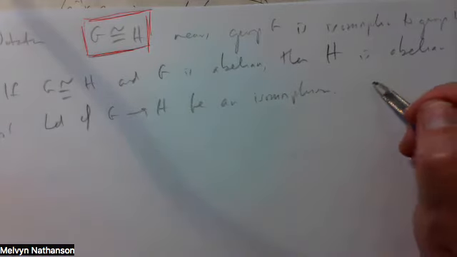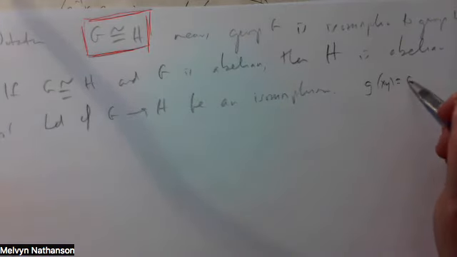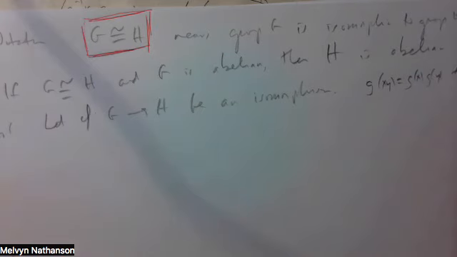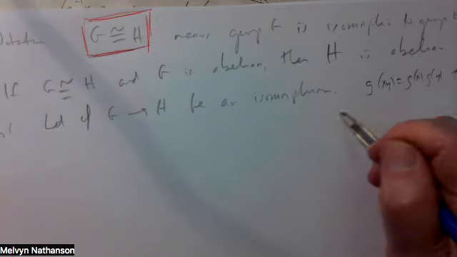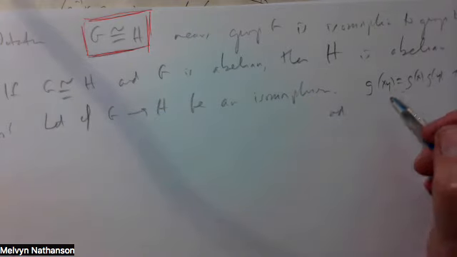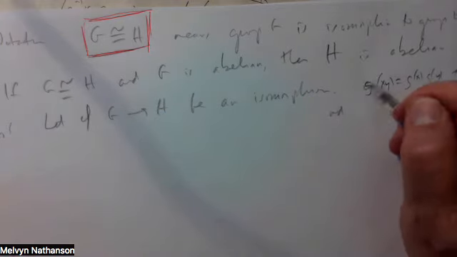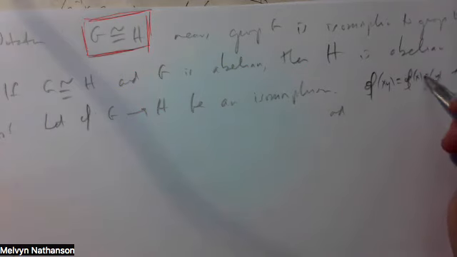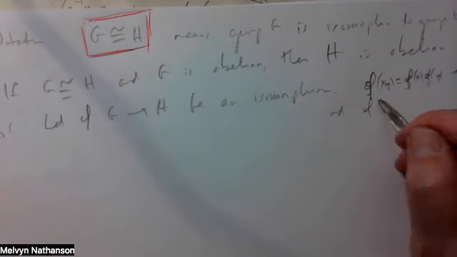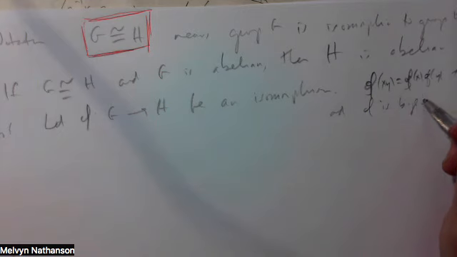That means phi of xy equals phi of x times phi of y for all x and y in G, and phi is a bijection. It's 1 to 1 and onto.